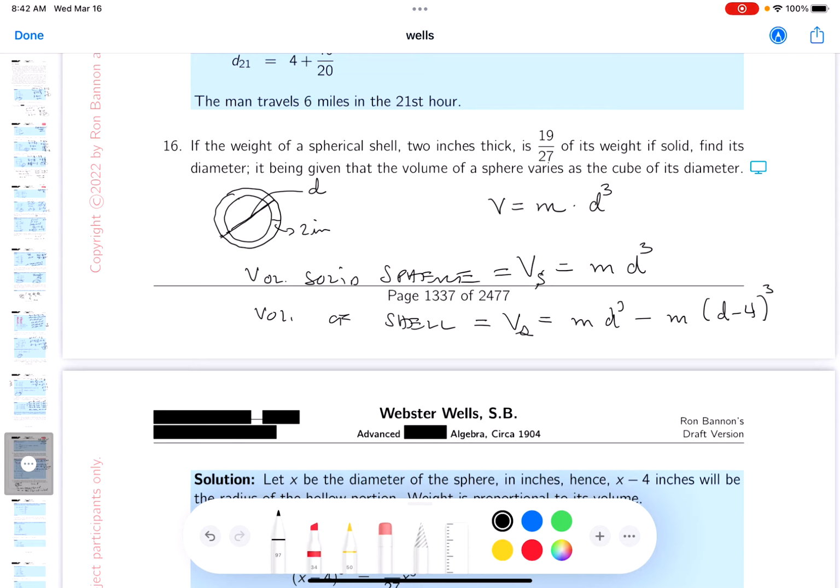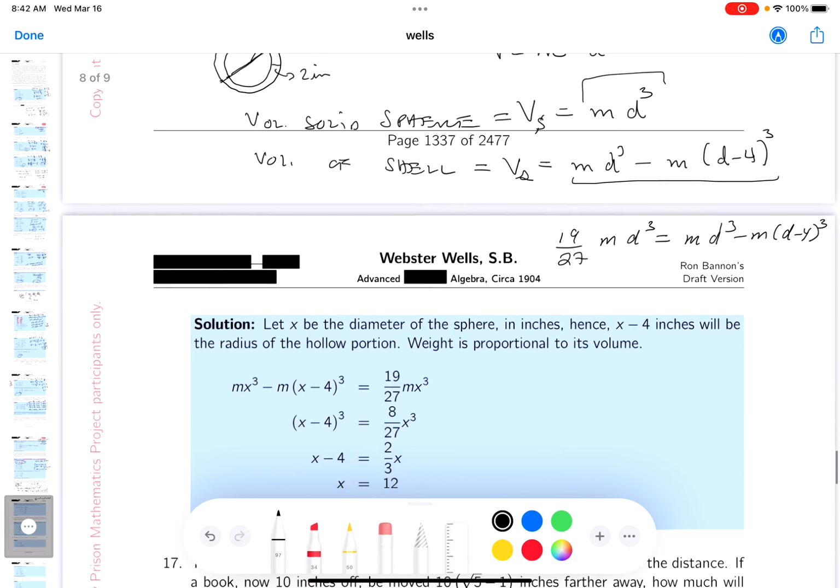Now, what do I know? They tell me something about this guy's volume as it's related to this one over here. Let me write that down for you. So they tell me that it's 19/27ths of that solid. Let me put this over here. 19/27ths m d cubed is going to be equal to m d cubed minus m (d minus 4) cubed.